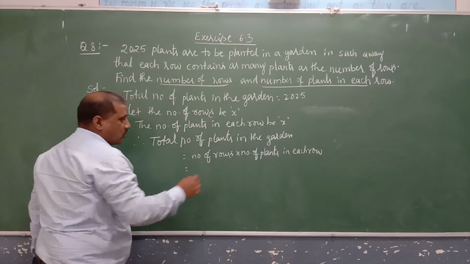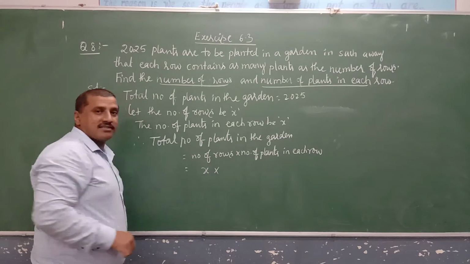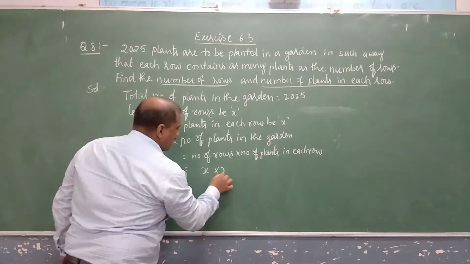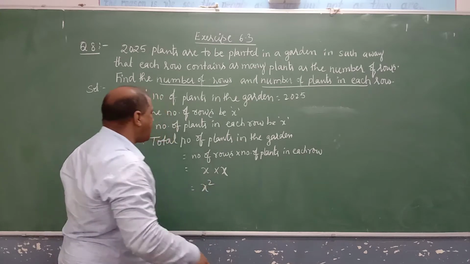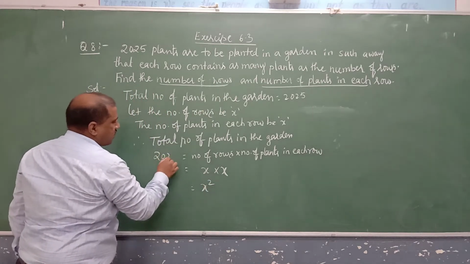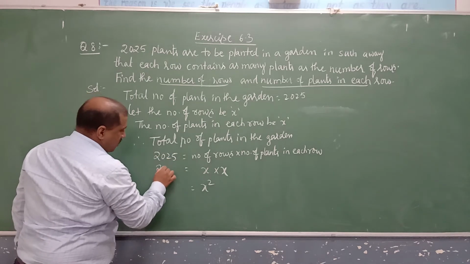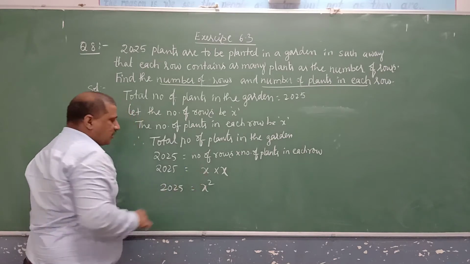That is equal to, how many rows are there? x rows, and how many plants are there in each row? It is again x. x into x is x square, and it is given how many plants there are in the garden, which is equal to 2025. Therefore x square is equal to 2025.